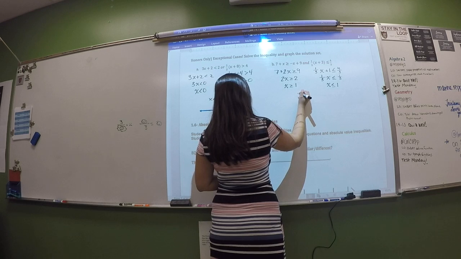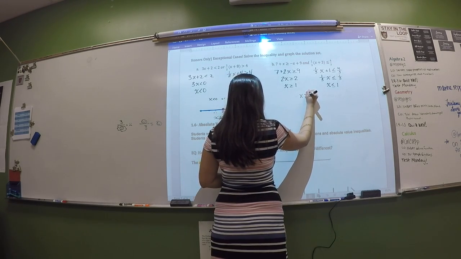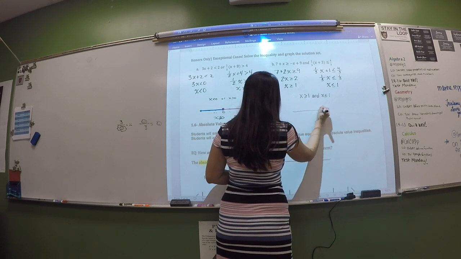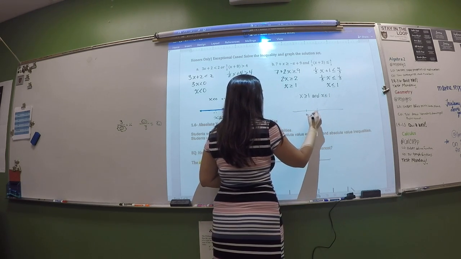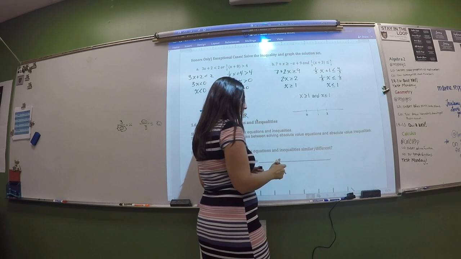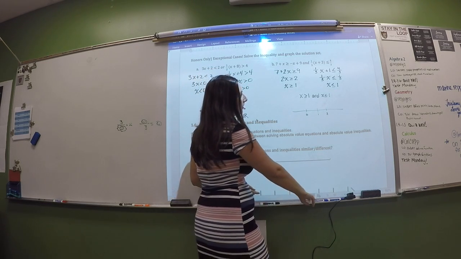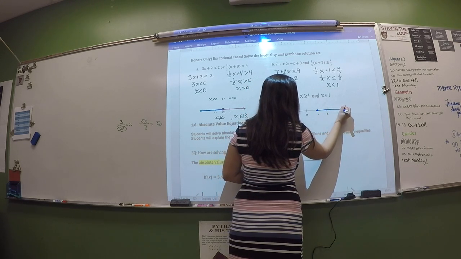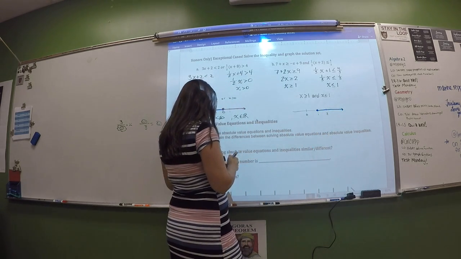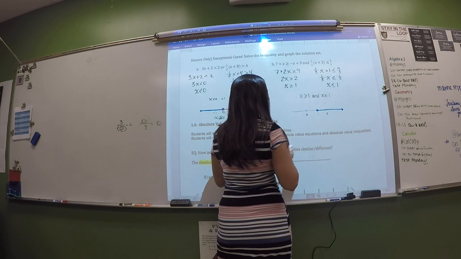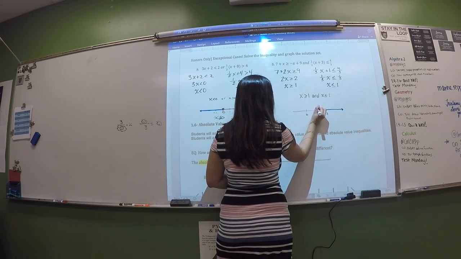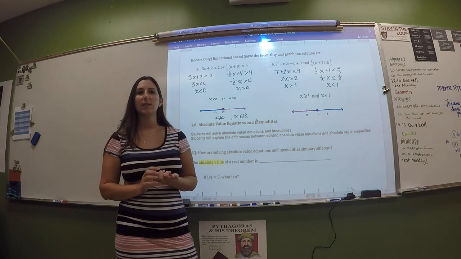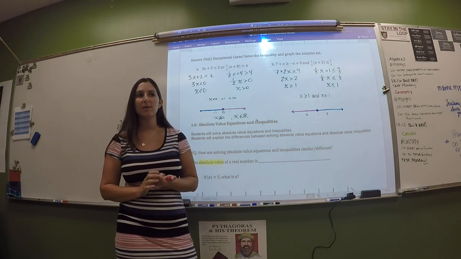And we have to say and in between these, so we're saying x is greater than or equal to 1 and x is less than or equal to 1. Here's 1. So I'm looking at all numbers greater than or equal to 1 and numbers less than or equal to 1. How many numbers is that? All numbers, all real numbers. Are you sure?